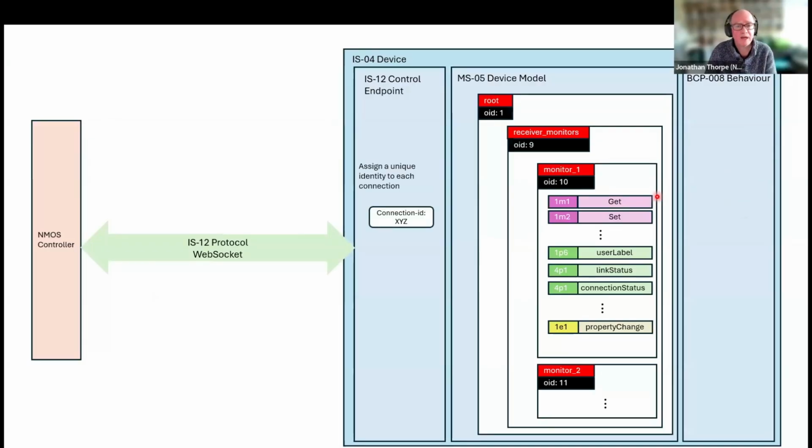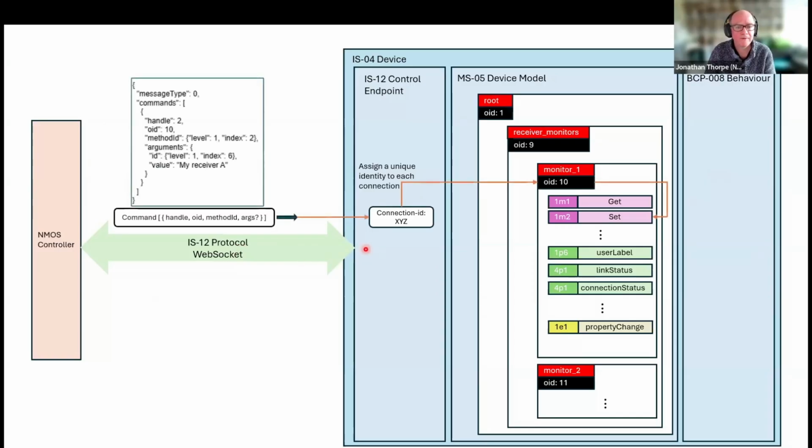So, going through the flow of how the controller talks to the node, we have our WebSocket connection into our control endpoint, and that creates a session that is stored in the control endpoint, and we can then issue commands. Here we have a command where we want to invoke the set method to set one of the properties.